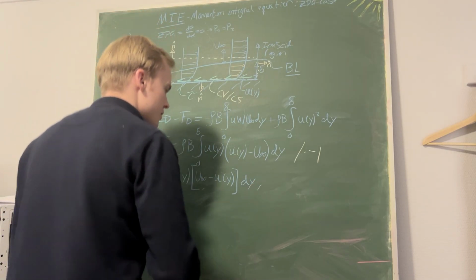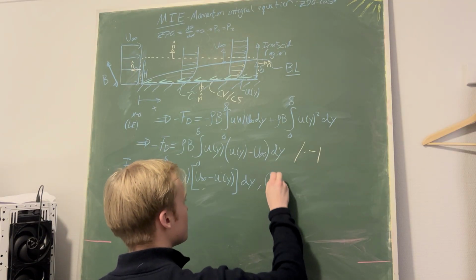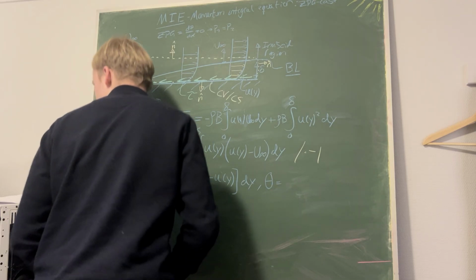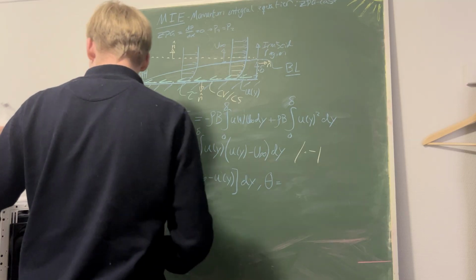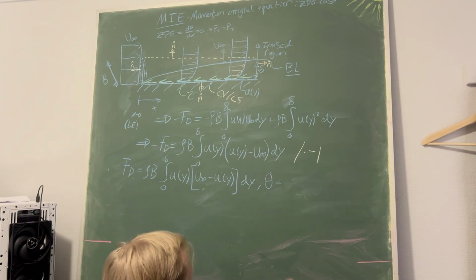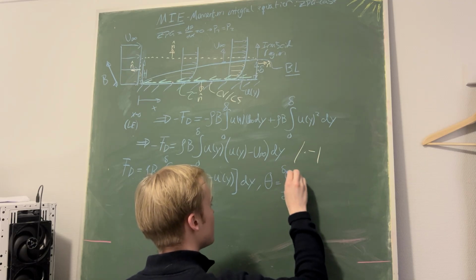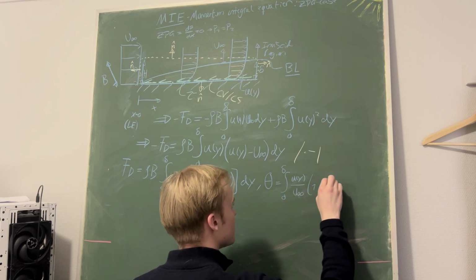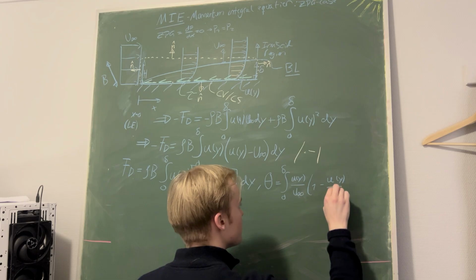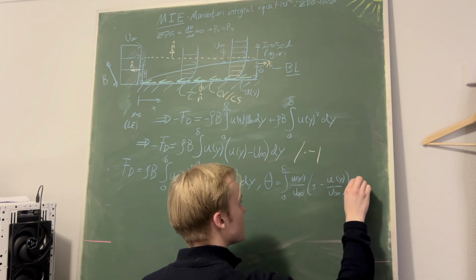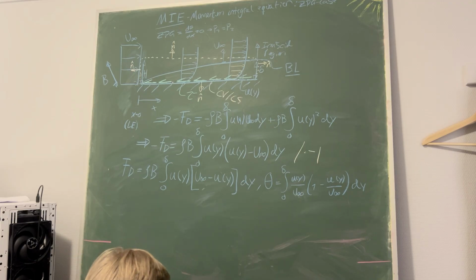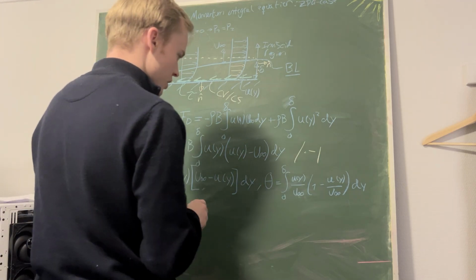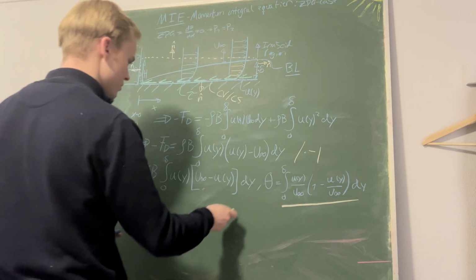So if we write down the form for the momentum thickness, theta is the integral from 0 to delta of u of y over u infinity times 1 minus u of y over u infinity dy. This is something we have to keep in mind, and the goal here is basically to compare this integral to this integral.